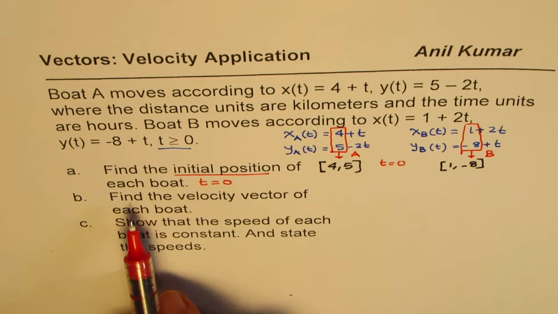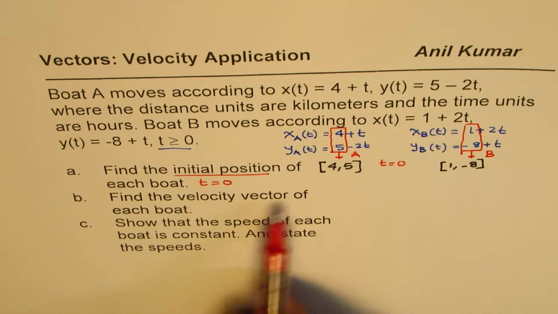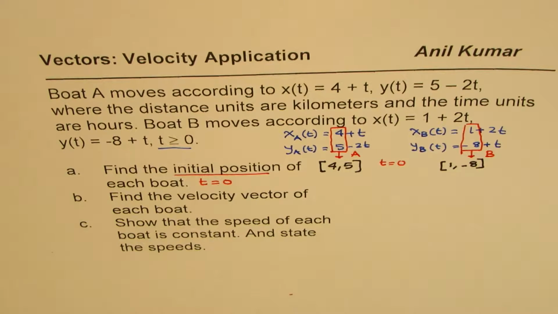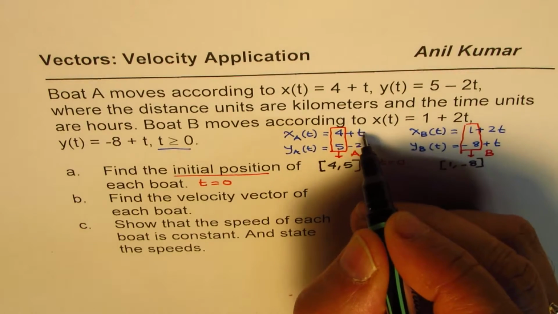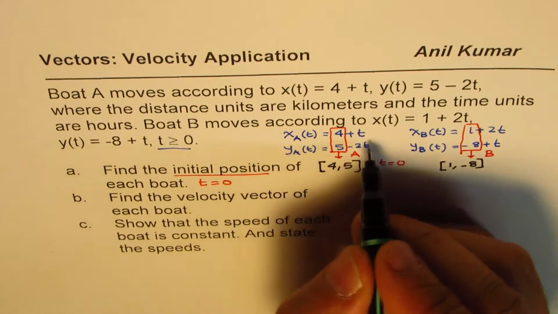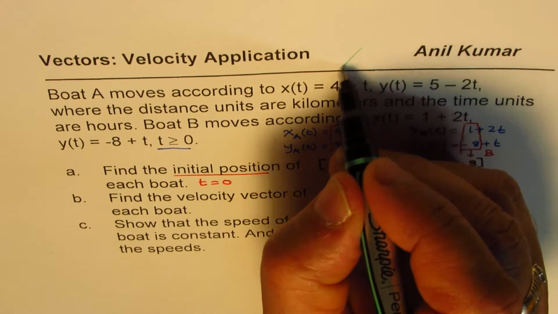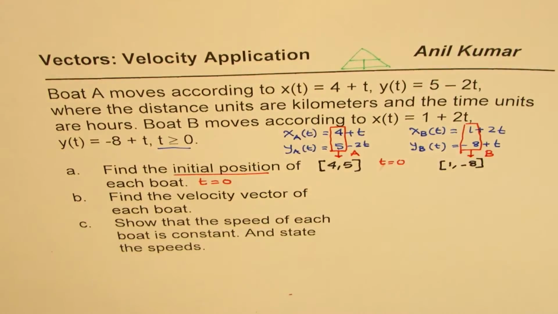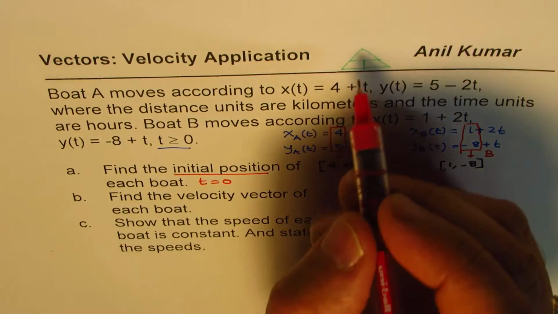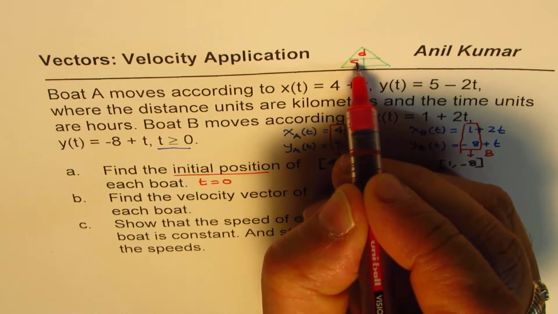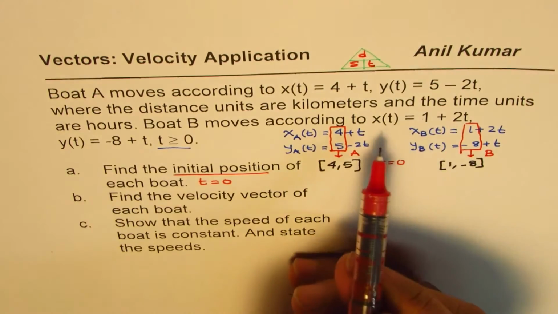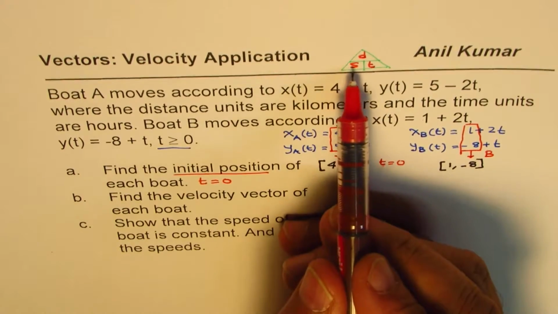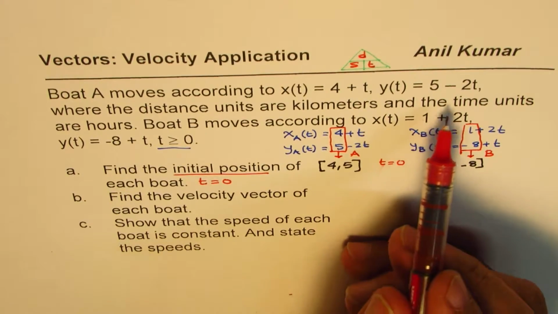Second part is, find the velocity vector of each boat. Now, the velocity vector is given by velocity times time. Displacement, let's write down the relation. We are working on speed, distance, time. So distance is speed into time, which is velocity into time when given in vector position.